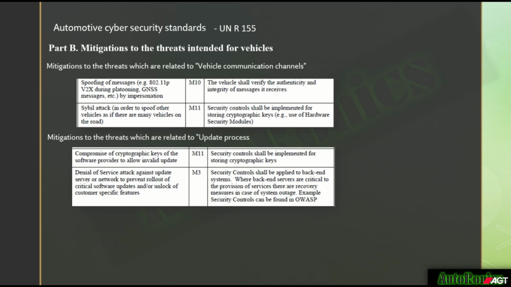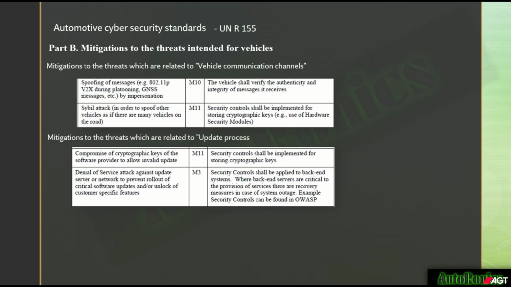Then comes the mitigations to the threats which are related to the update process. The two threats which are stated here are compromise of cybersecurity keys of the software provider to allow invalid update, and the mitigation can be security controls shall be implemented for storing the cryptographic keys. Then DoS, denial of service attack against update server or network to prevent rollout of critical software updates and or unlock of customer specific features.